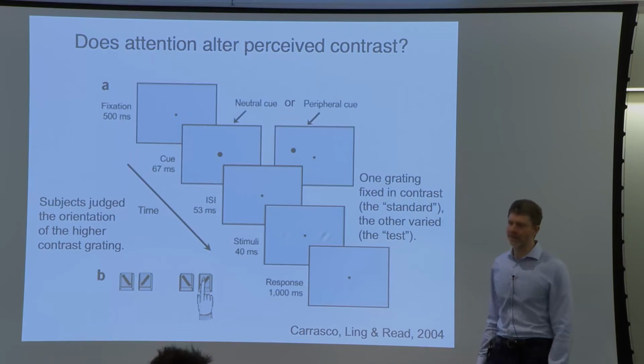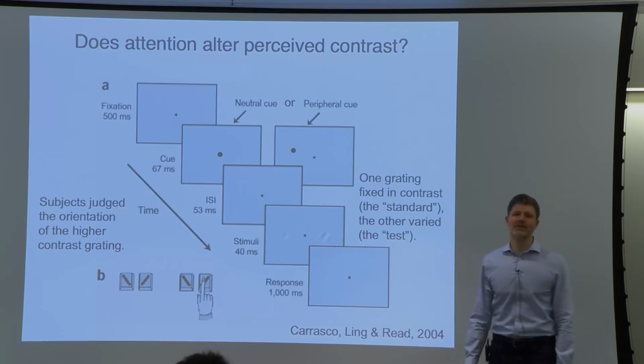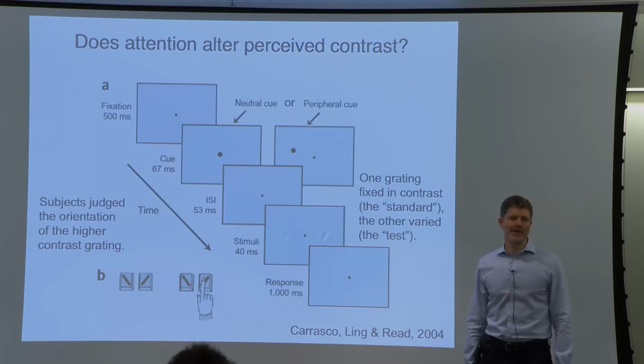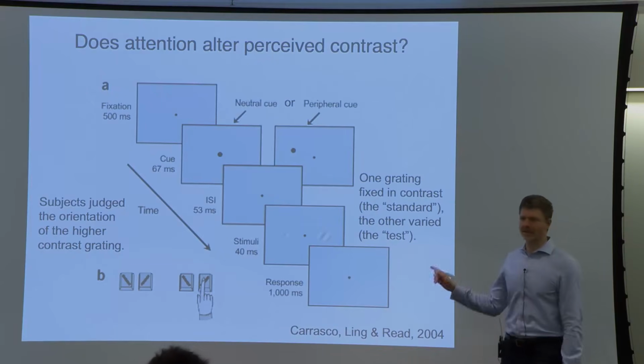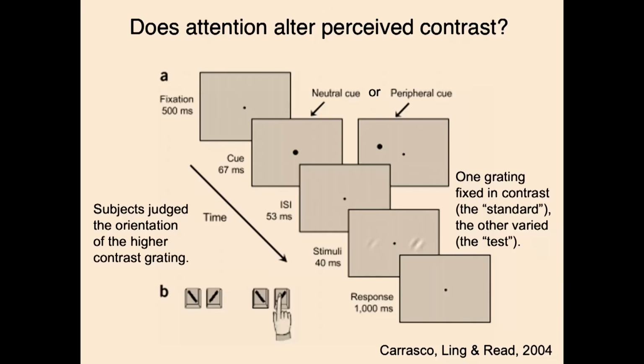Yeah. So this is one of the things that's always tricky about studying attention: it's very difficult to query the nature of what you're not attending to behaviorally, because if you ask somebody about something, then they pay attention to it, right? So I think that's the logic behind the design.